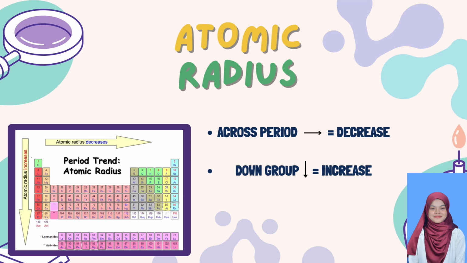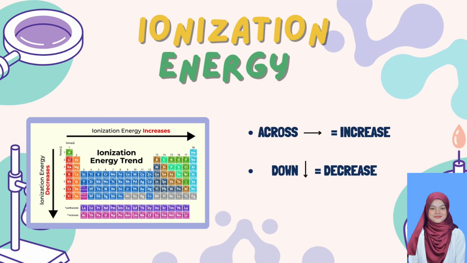Okay, first, atomic radius. Atomic radius is basically the size of an atom. Across a period from left to right, the radius gets smaller because the nucleus becomes more positive and pulls the electrons closer. But when we go down a group, the radius gets bigger because there are more electron shells. Second, ionization energy.